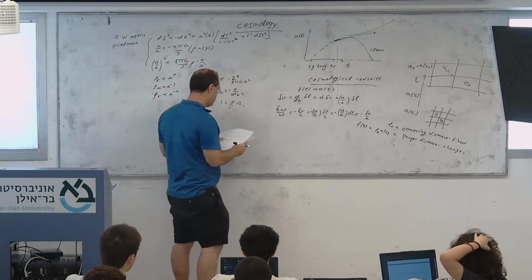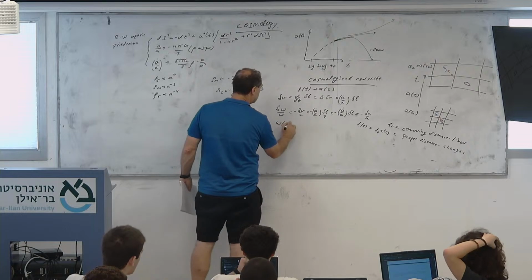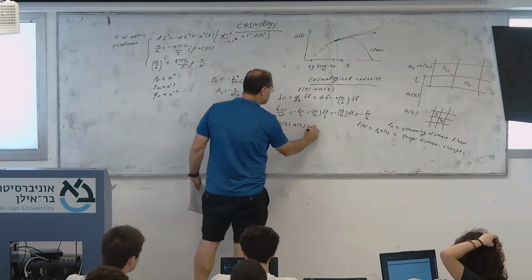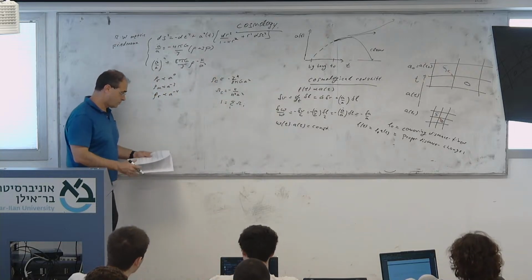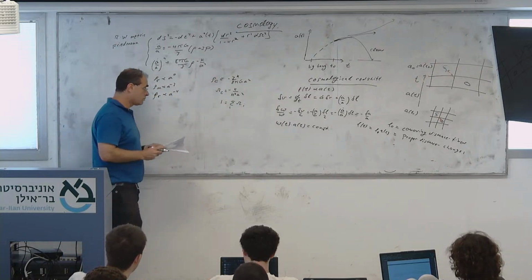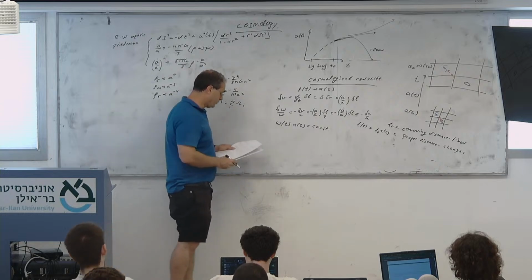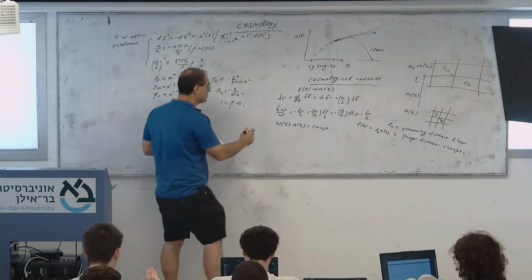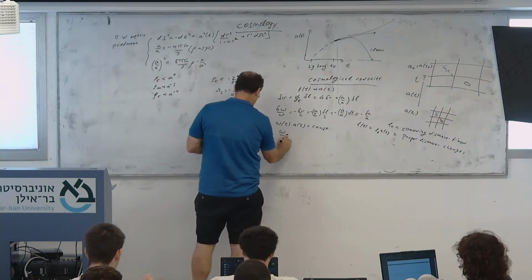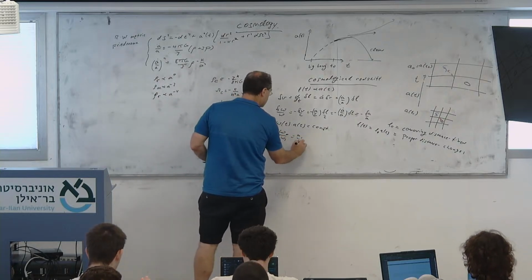In other words, omega(t) times a(t) is constant. For omega goes 1 over a. So instead of the frequency, omega 0 over omega 1 is a1 over a0.